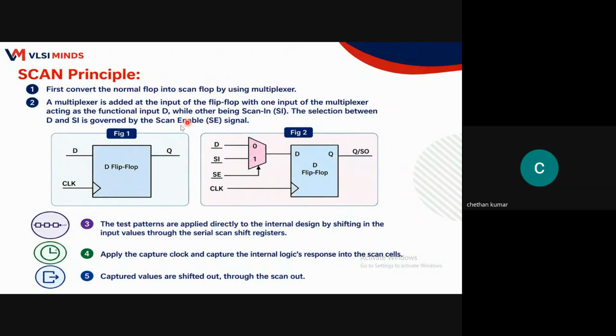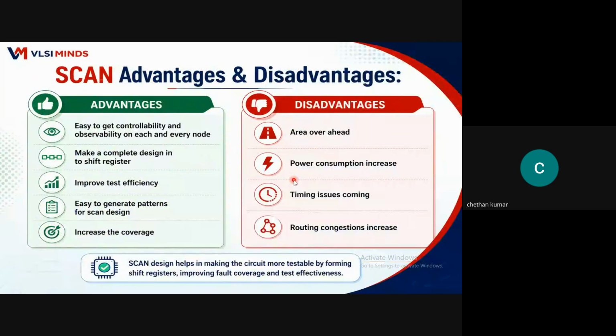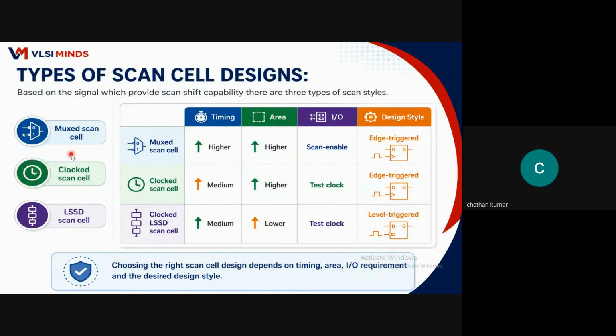Ordinary flip-flops are converted into scan cells by using the muxed scan cell. We have to tell the tool what kind of scan cell to use: muxed scan, clocked scan cell, or LSSD. Why we go with muxed scan is that it has its own advantages. We can meet the timing, and area wise it also has a high advantage.